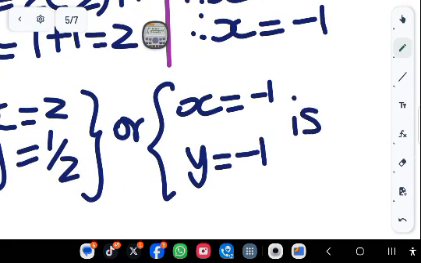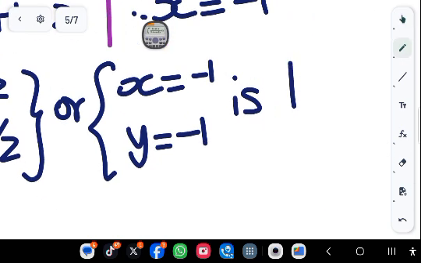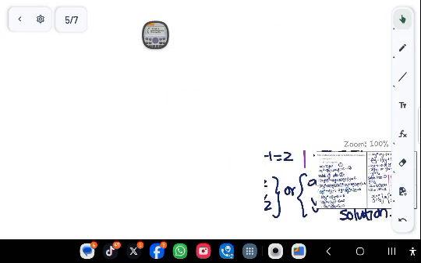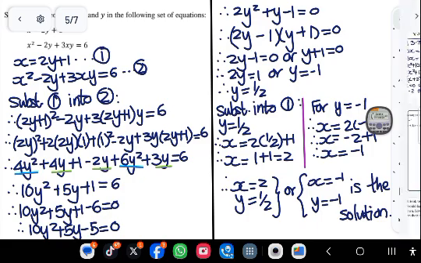This is the solution. And that's how you solve the simultaneous equation.